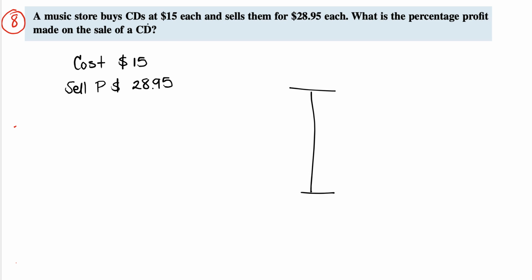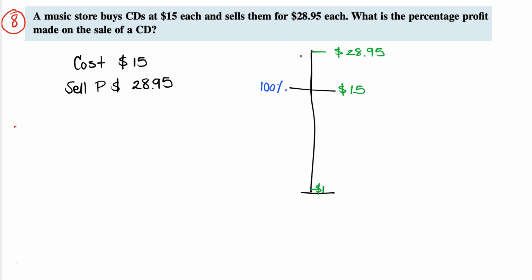I'm going to say, okay, what do I know? I know that the 100% is $15. And I know that he made a profit because he has more there. So I want to know what percentage 28.95 is going to be. Because in this case I have dollars, I'm going to bring it back to $1. I start here with the 15, that's what I know. I want to know what this one is.